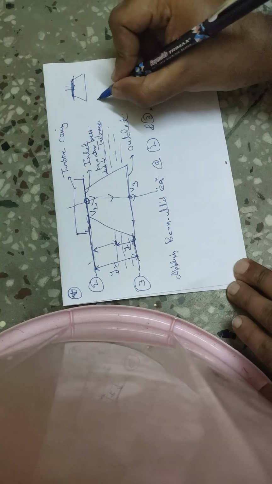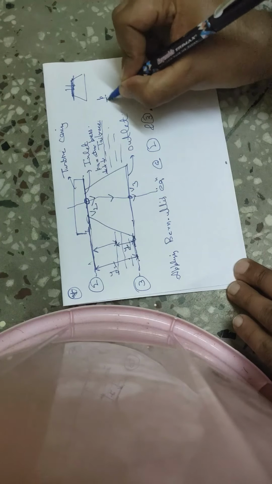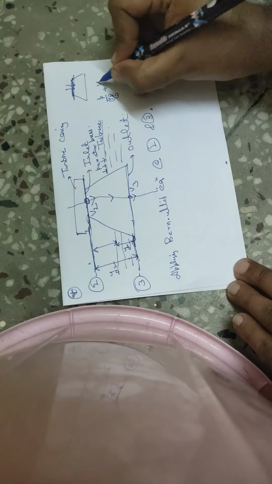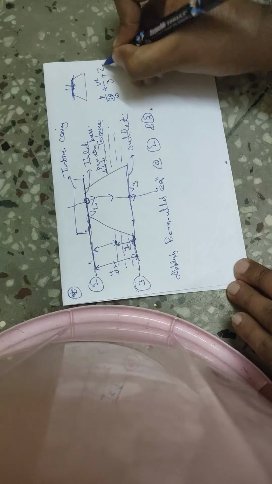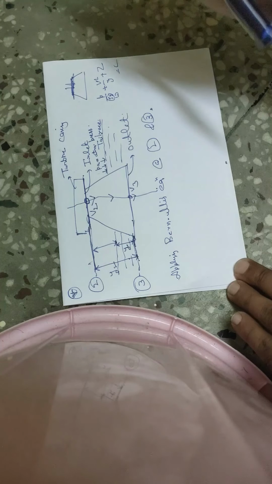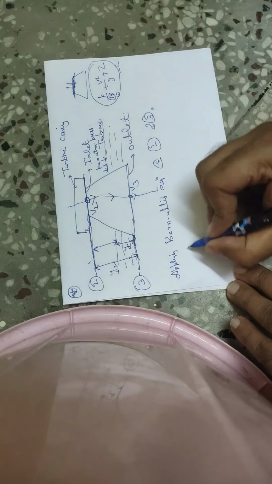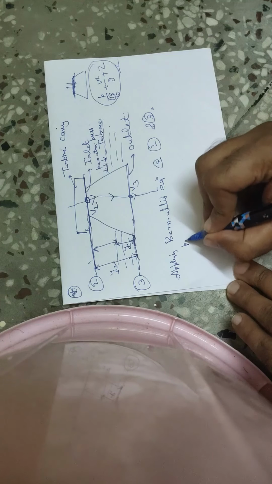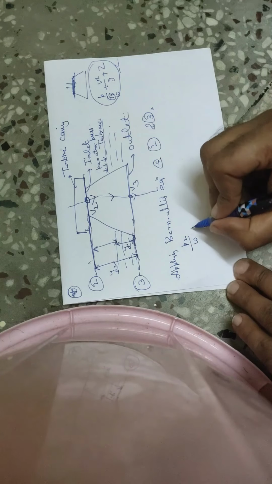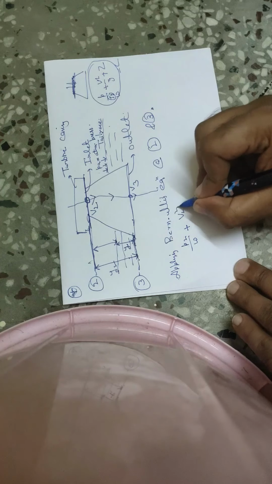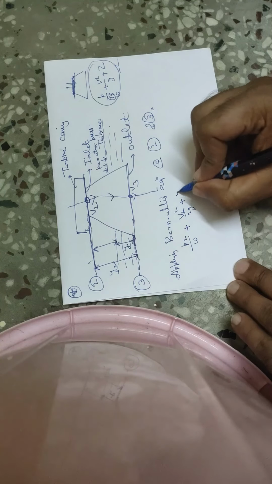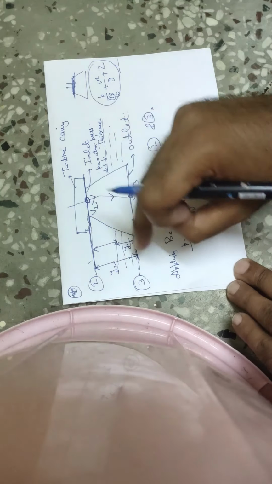You should remember these things. P upon rho g, or you can write P upon W, plus V square upon 2g plus Z is equal to constant. This is something you always need to remember. Now at section 2 you can write P2 upon W, meaning rho g, plus V2 square upon 2g plus Y2. Here it will be Y2.